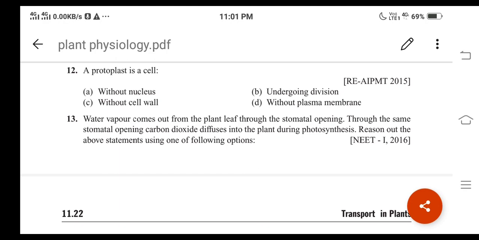Through the same stomatal opening, carbon dioxide diffuses into the plant during photosynthesis. Reason out the above statements using one of the following options, right? Try to understand the question.